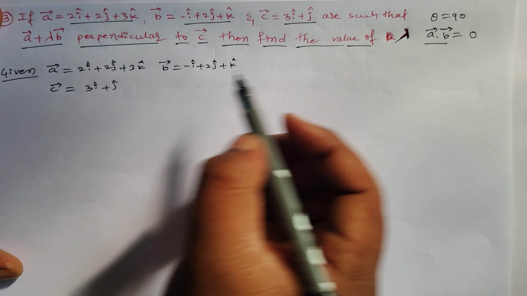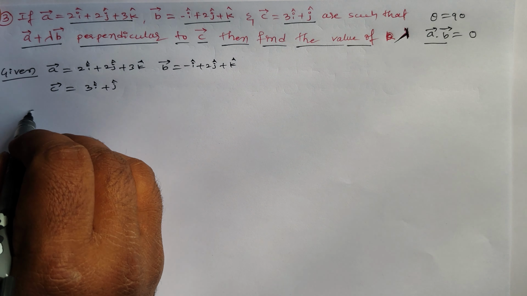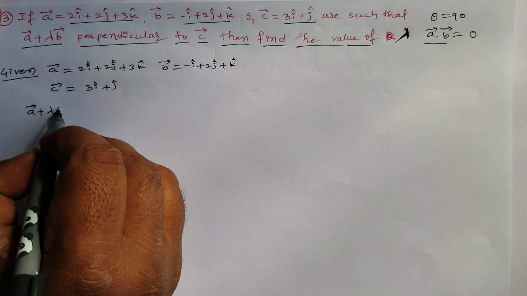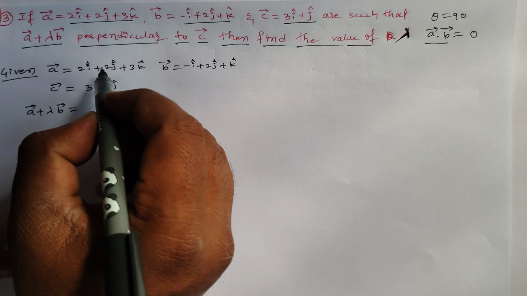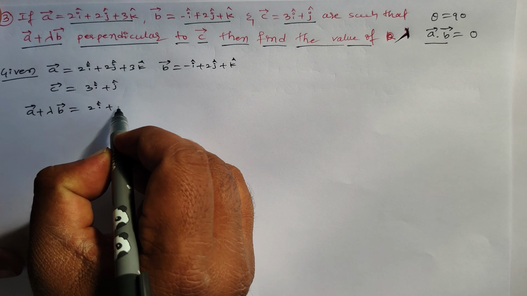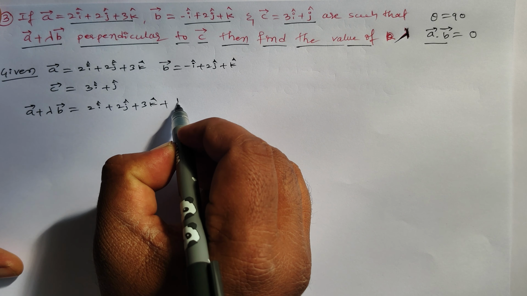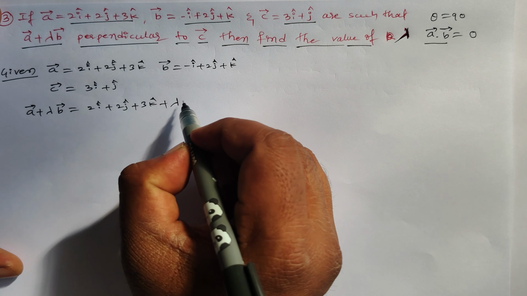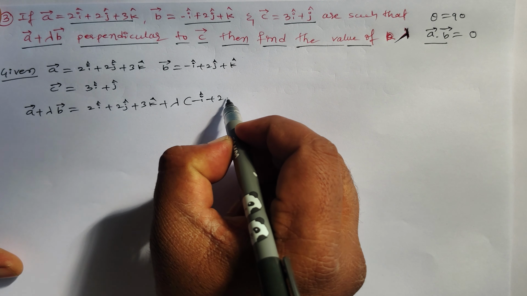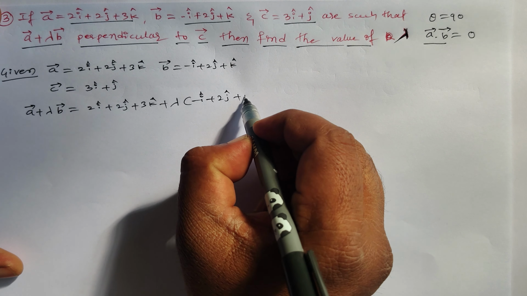First you find a vector plus lambda b vector. So a vector is 2i plus 2j plus 3k plus lambda into b vector, minus i plus 2j plus k cap.